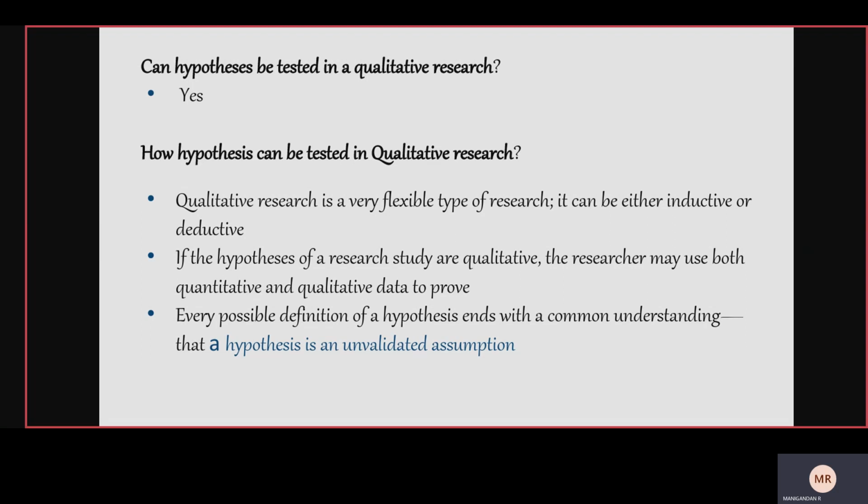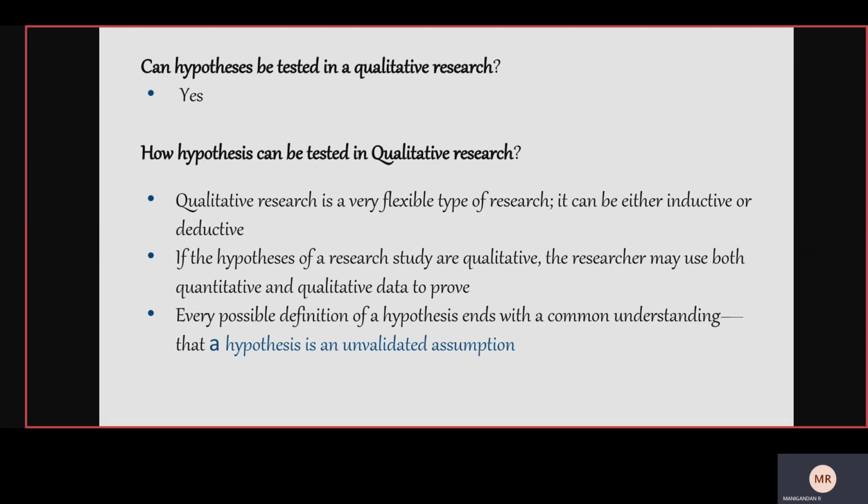exploratory information. If the hypotheses of a research study are qualitative, the researcher may use both quantitative and qualitative data to prove. Yes, most of the scholars use the mixed method, and only then can they prove the result. So it can be very useful. If you are going for qualitative research, you cannot prove that.